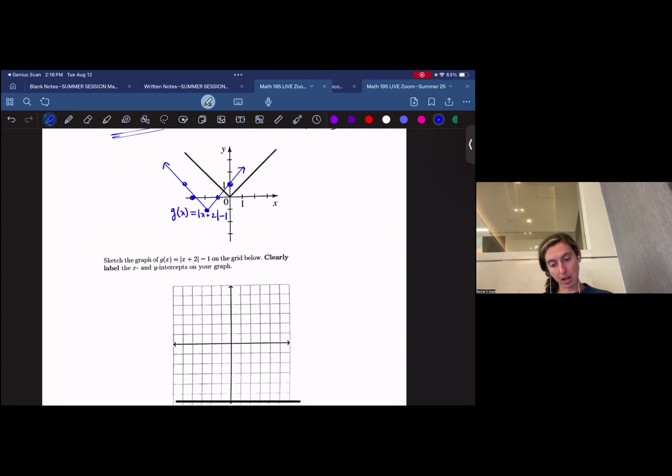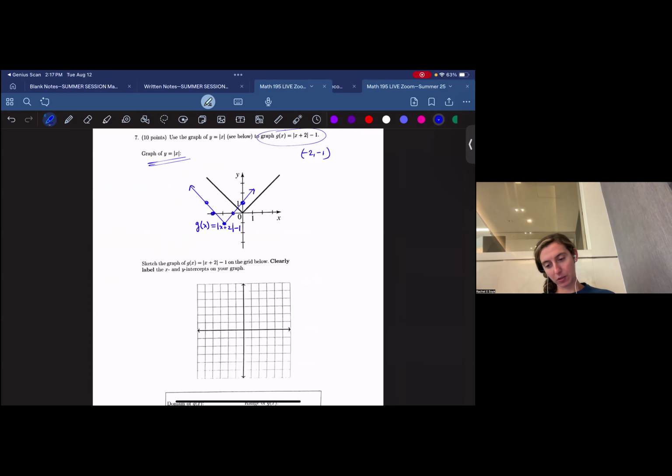I think I graphed it up here, but I should have just put it on the separate graph down below. So I'm just going to take this, copy, and then just put it at negative 2, comma, negative 1. Hope that the dots align.